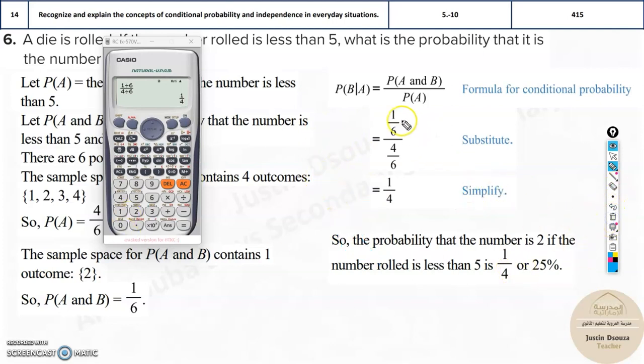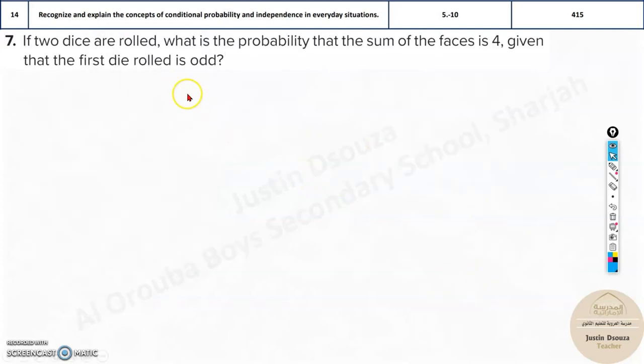If you can't directly solve this in the calculator, solve 1 divided by 6, and then divide by 4 divided by 6, and you will get the answer 1 by 4. Okay, anyways, so that's the thing.